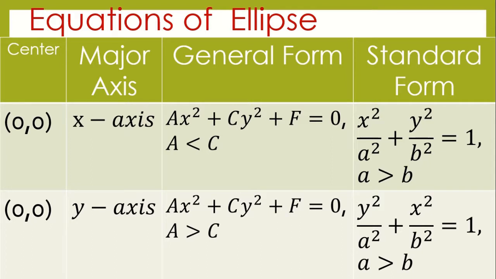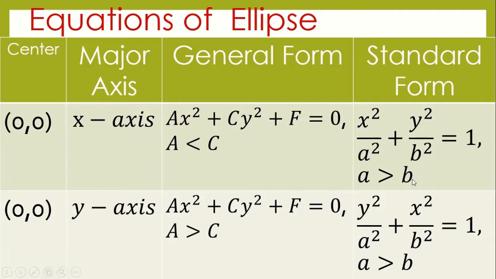The equivalent general equation is ax squared plus cy squared plus f equals 0, and a is less than c. Ang mapapansin ninyo, yung ating general equation, all of the terms are located on one side of the equation, and yung right side of the equation, we have 0. And the equivalent standard form is x squared over a squared plus y squared over b squared equals 1, and a is greater than b.